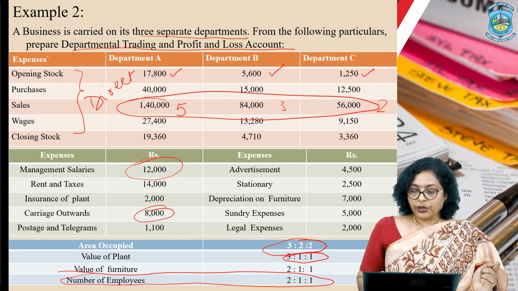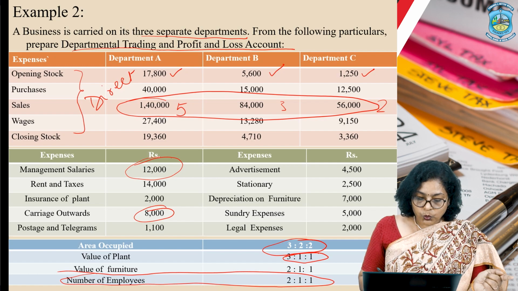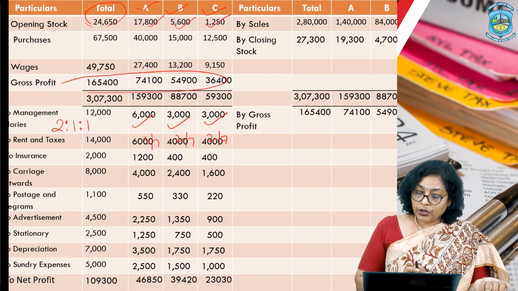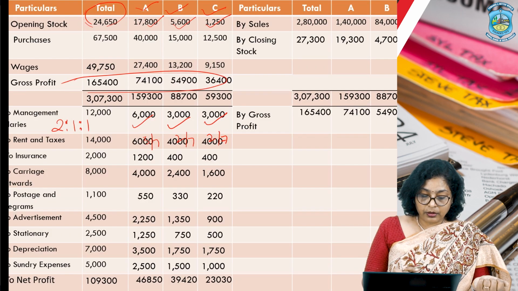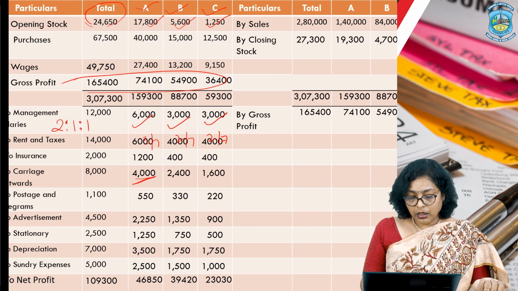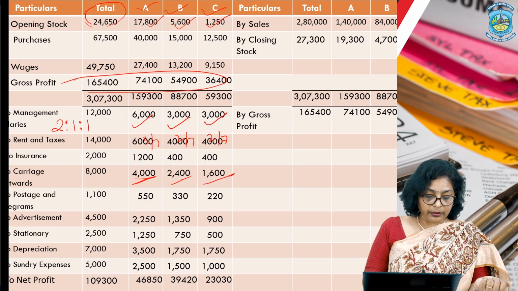Now, carriage outward will be allocated to the departments in the ratio of 5/10, 3/10 and 2/10, as you are seeing here. 8,000 into 5/10 it is 4,000, 8,000 into 3/10 it is 2,400, 8,000 into 2/10 it is 1,600.